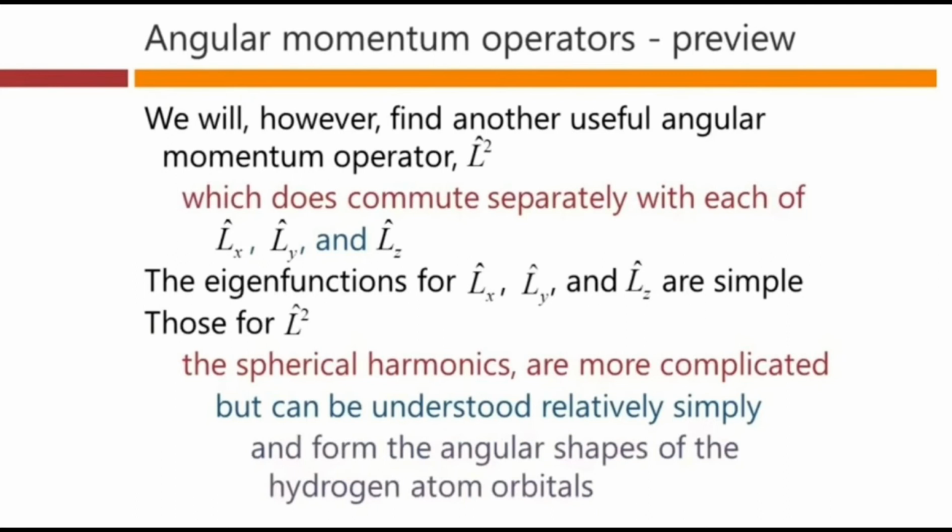The ones for L square are called spherical harmonics, and they look much more complicated. However, they can be understood relatively simply. These are particularly important because they form the angular shapes of the hydrogen atom. So, these spherical harmonics are the root of all the orbitals in atoms.